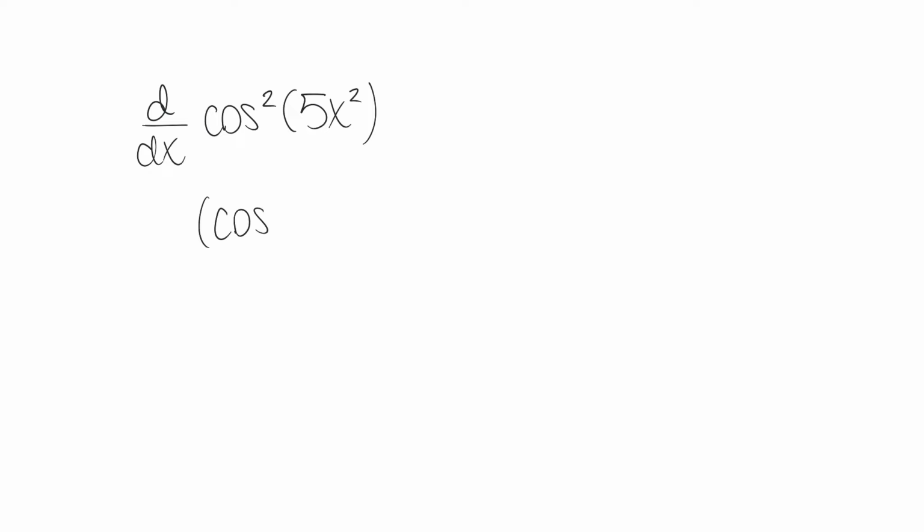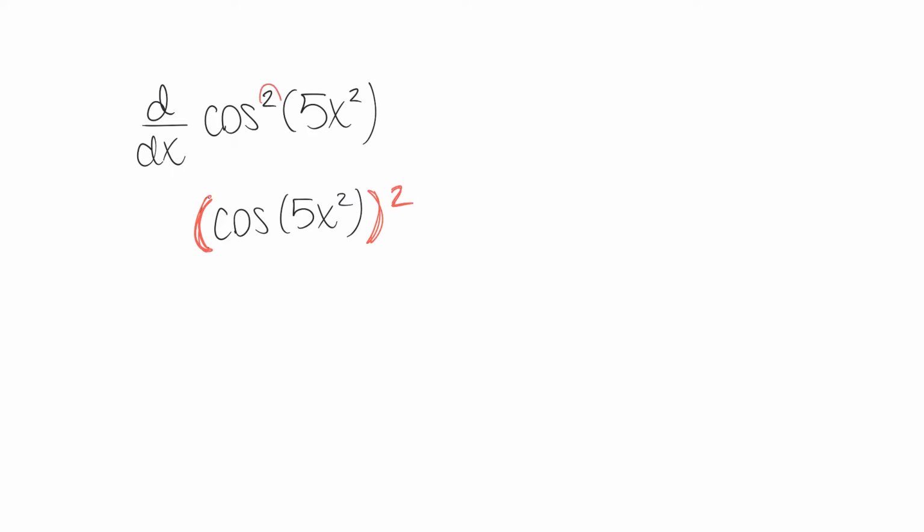The derivative of cosine squared 5x squared. So I'm going to immediately rewrite this with brackets, with my cosine of 5x squared inside, and then I'm going to make that bracket squared.